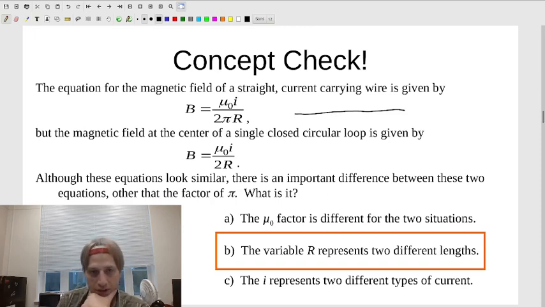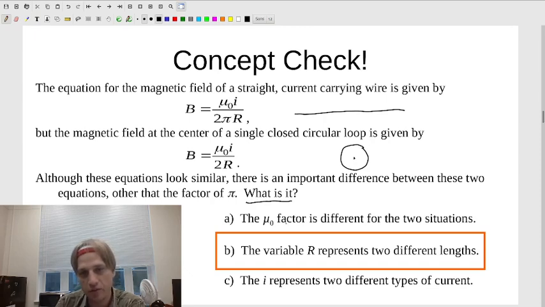This expression is for the magnetic field right at the middle of a circular loop. Now the question here is, although these equations look similar, there's an important difference between these two equations other than the factor of pi. The equations look the same, all that you're missing is the pi. And then if this were a quiz question, you might ask, what is it?